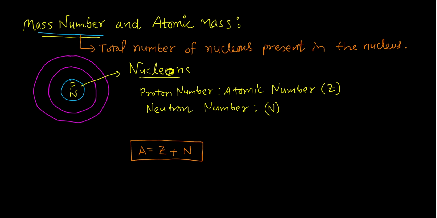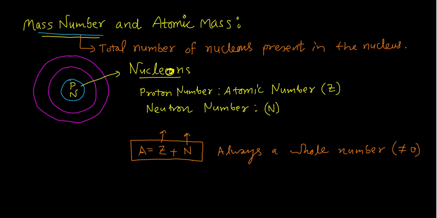So mass number, as you can see, is simply the sum of two numbers, and these two will always be whole numbers, because the number of protons or neutrons can't be fractional. So mass number is always a whole number, but not equal to 0, because any atom will have at least one proton.